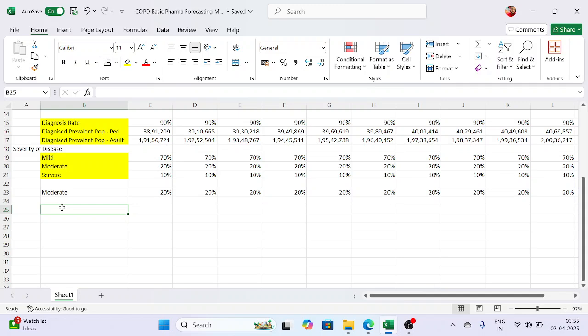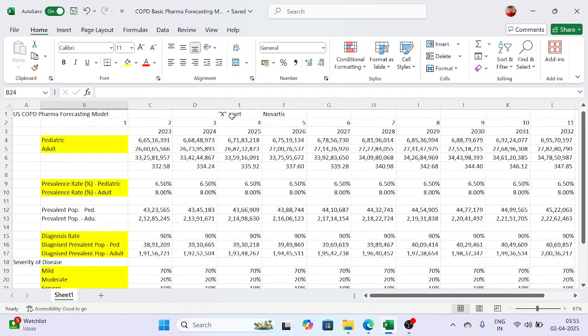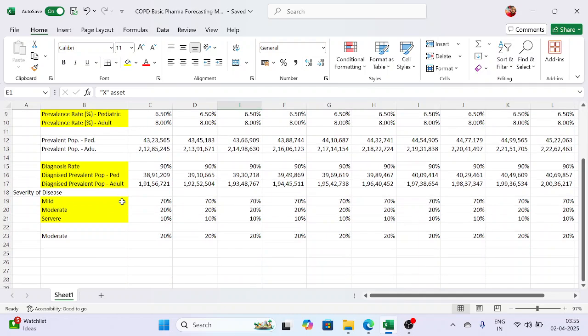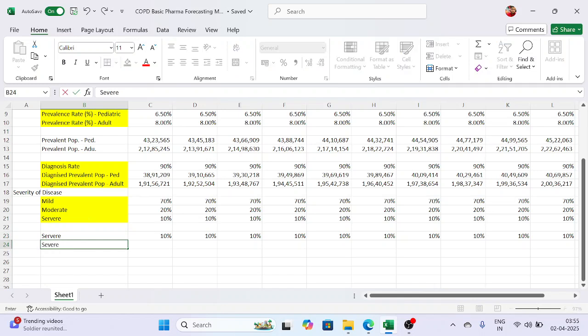So let's say the drug X for Novartis, for which you are going to forecast, is not being used for mild or moderate, but for severe cases only. Severe cases are 10% of the cases. So your target population will be the severe COPD population.